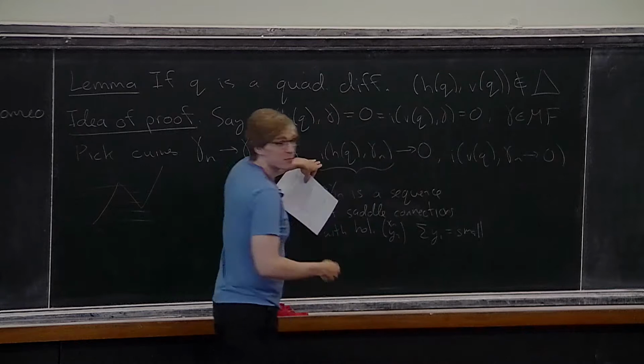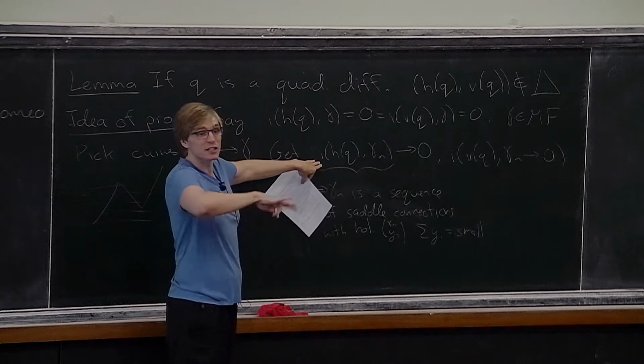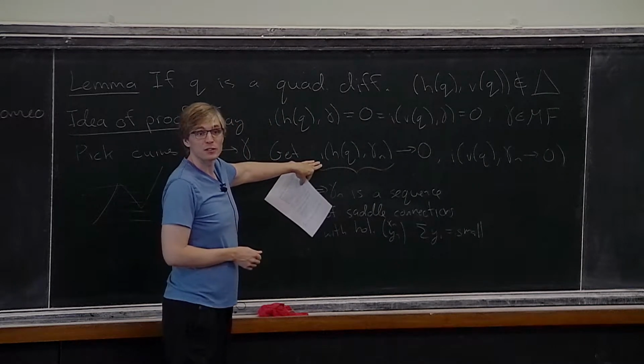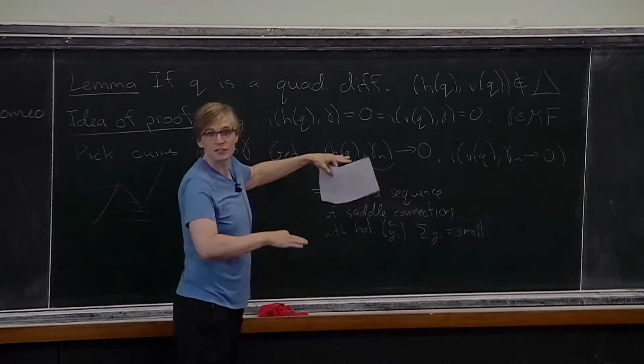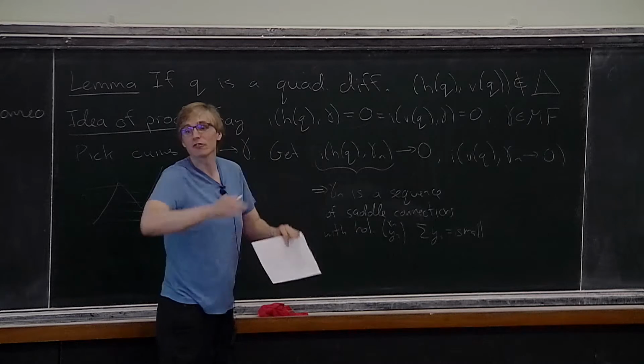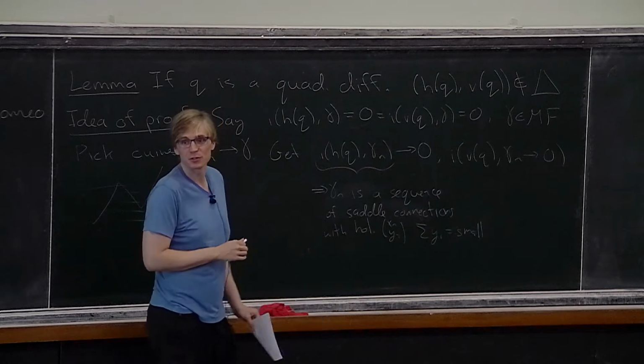This intersection number will represent the smallest you can get the sum of the y components to be for any representation of this as a sequence of saddle connections, or more generally as a path, but you won't do better with an arbitrary path.